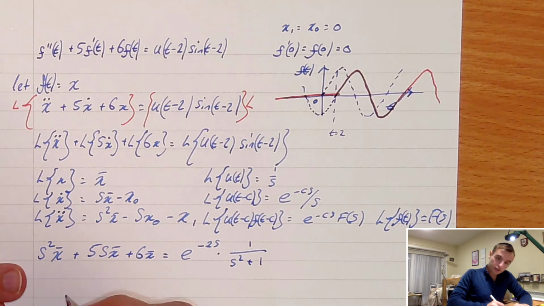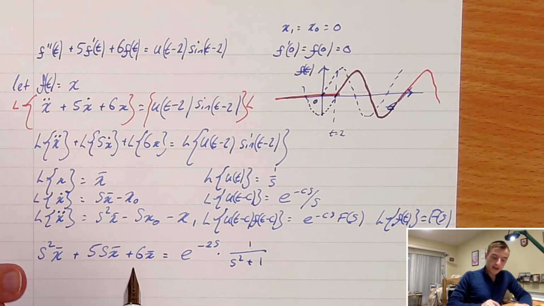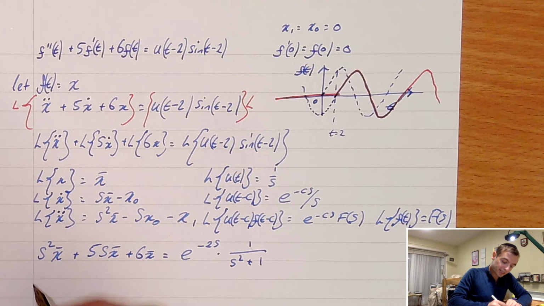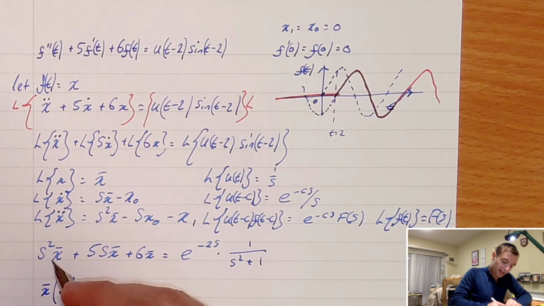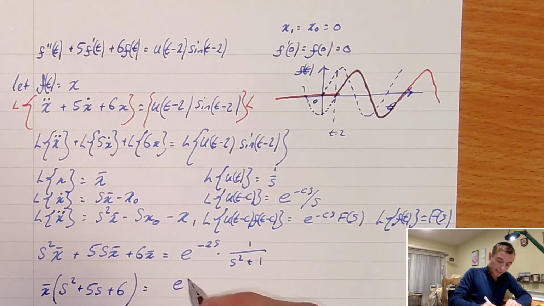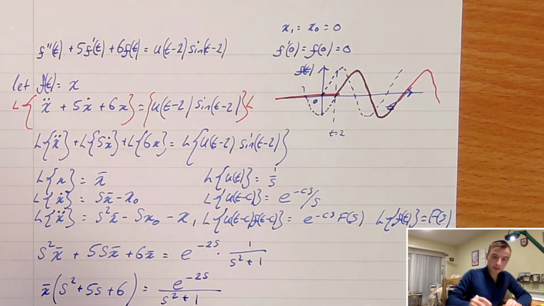So let's solve the equation for x bar, and once we have a nice equation for x bar, which is F of s, we can then find the inverse transform of F of s to find f of t, which is the function that we're trying to find. So let's take out x bar. We have x bar times s squared plus 5s plus 6 equals e to the minus 2s on s squared plus 1.